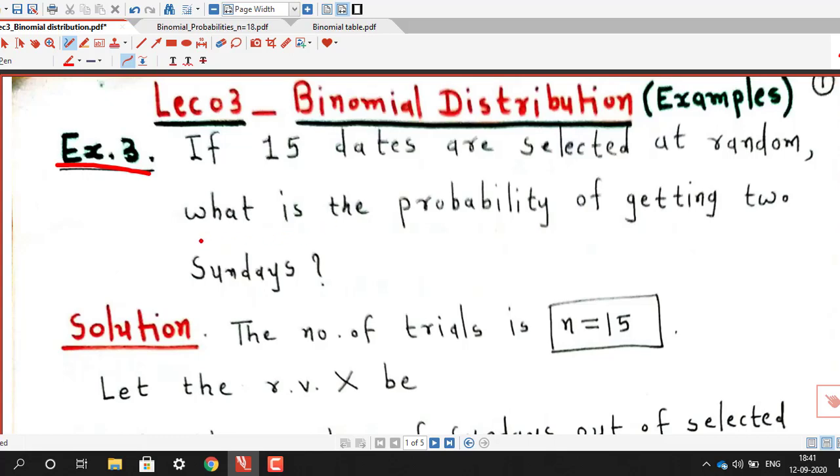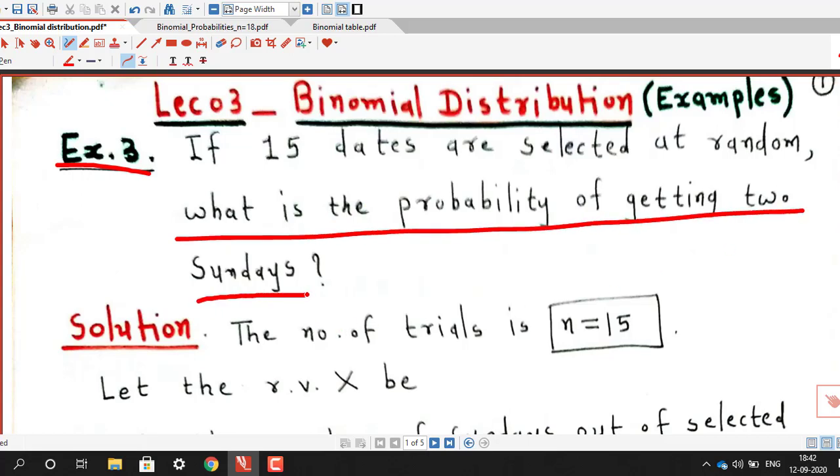So from this question we can get the idea of how to define the random variable. We are asked to find the probability of getting 2 Sundays.